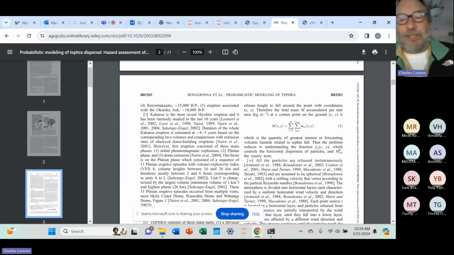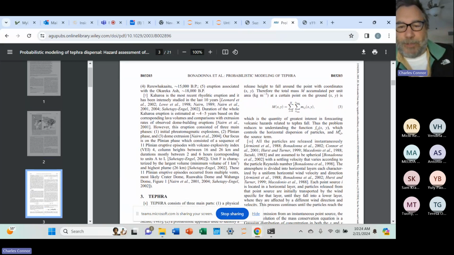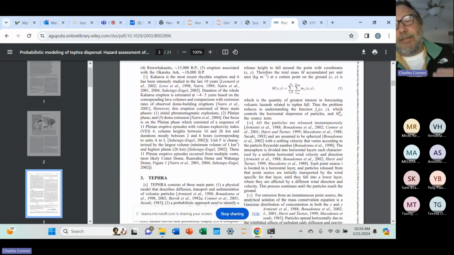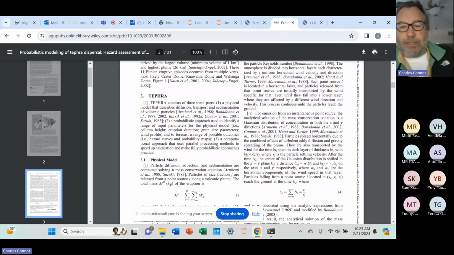So things have been learned about the dispersion of Tephra as a volcanological process, and the advection diffusion equation is the same essentially as Suzuki implemented way back in '83, but it adds a little more sophistication because we have a better understanding of the volcanology when this is developed.